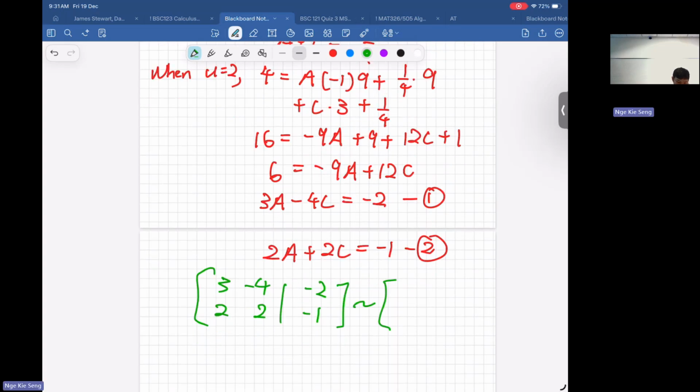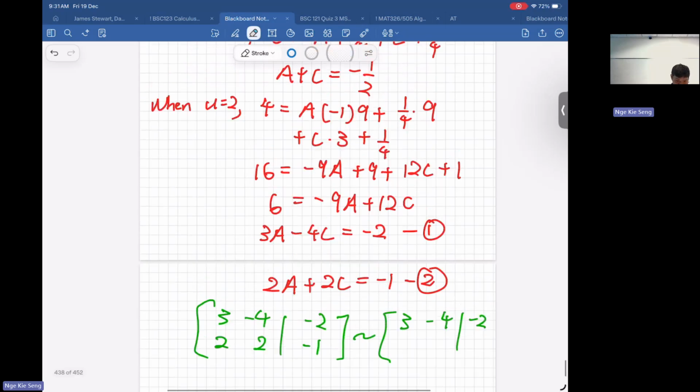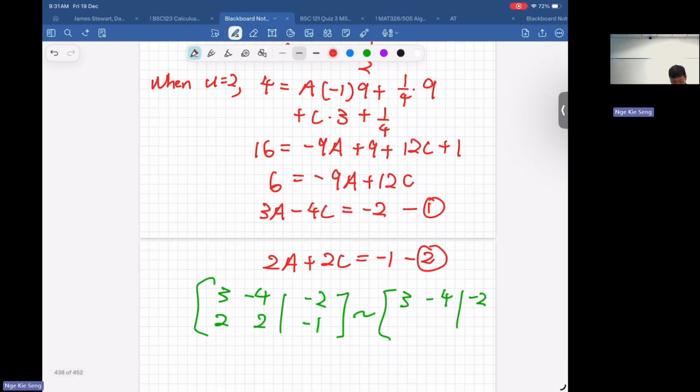Let's try this. So row reduction. 3, minus 4, minus 2. Since they are not aligned. Okay, no, they're aligned.